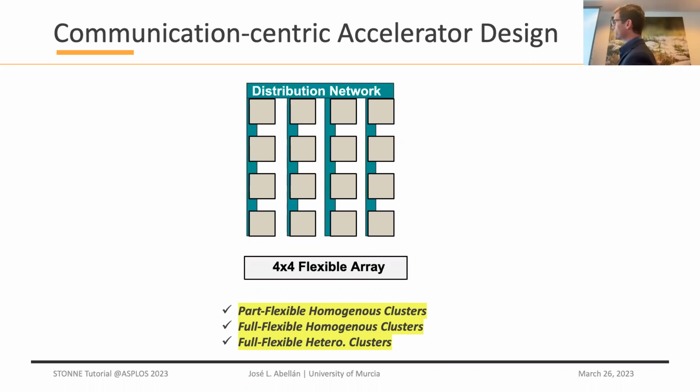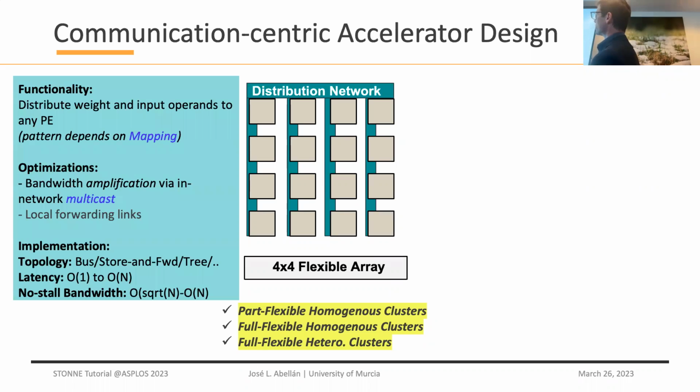And then, since there are two different important stages, distribution and reduction or collection, let's first design the properties, or see what the implementation is, of the best distribution network to provide this flexibility. With respect to the distribution network, we need to distribute the weights and inputs for all mapping possibilities.